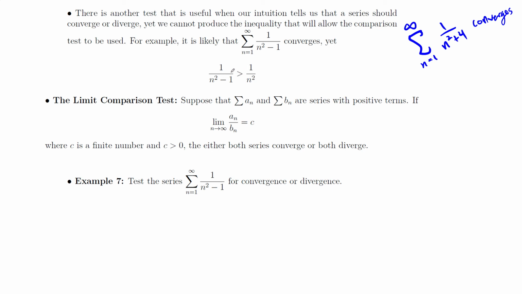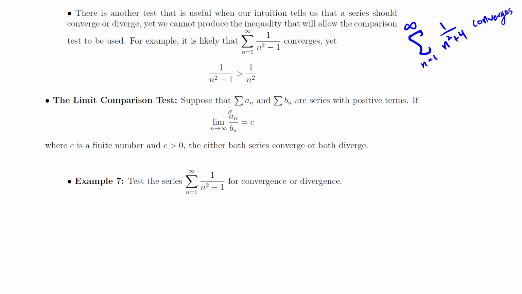But the truth is 1 over n squared minus 1 is always going to be greater than 1 over n squared because you're taking away from the denominator. You're taking away from what you're dividing by. So even though we are probably 100% certain that if this converges, this has to also, the comparison test can't get us there.